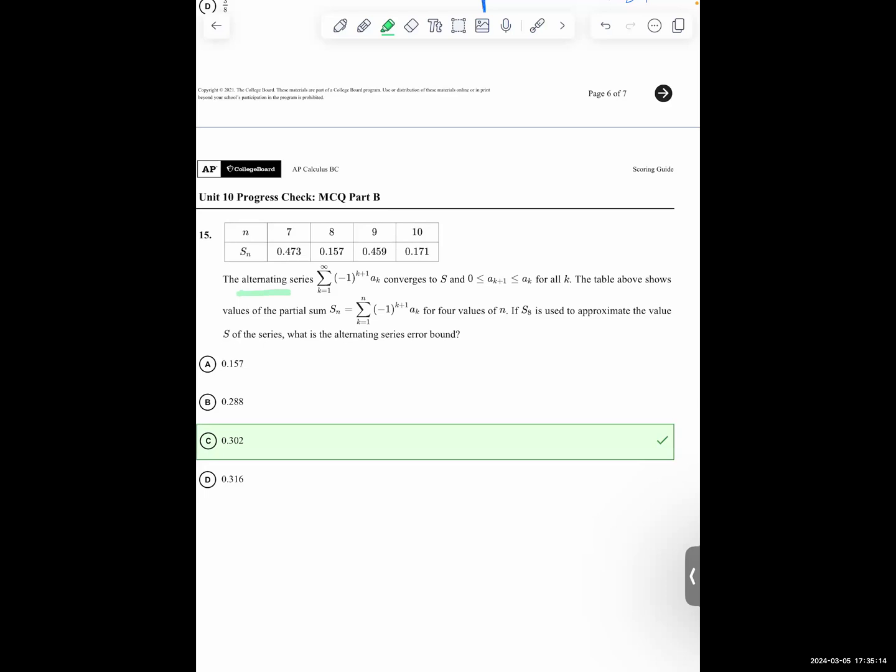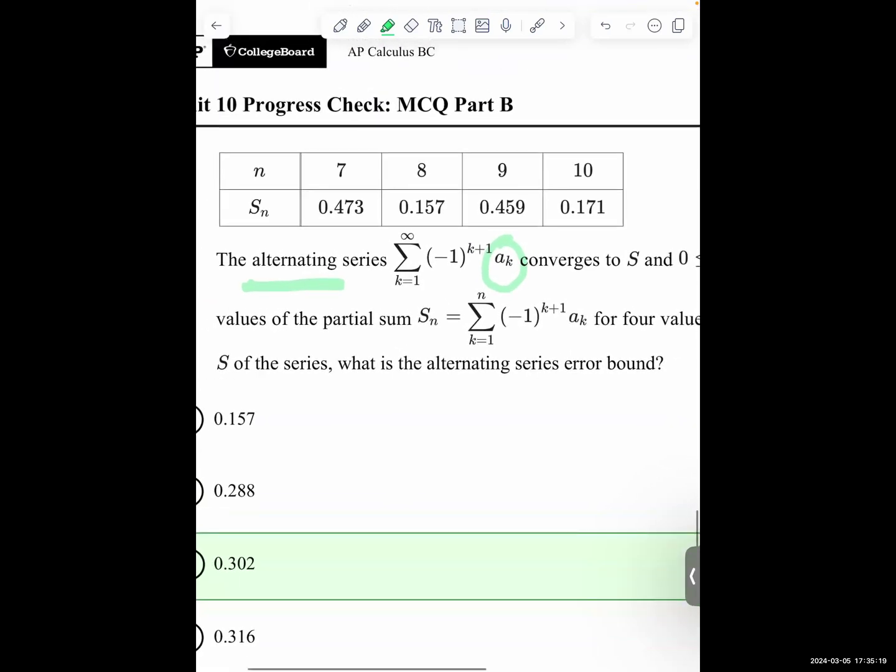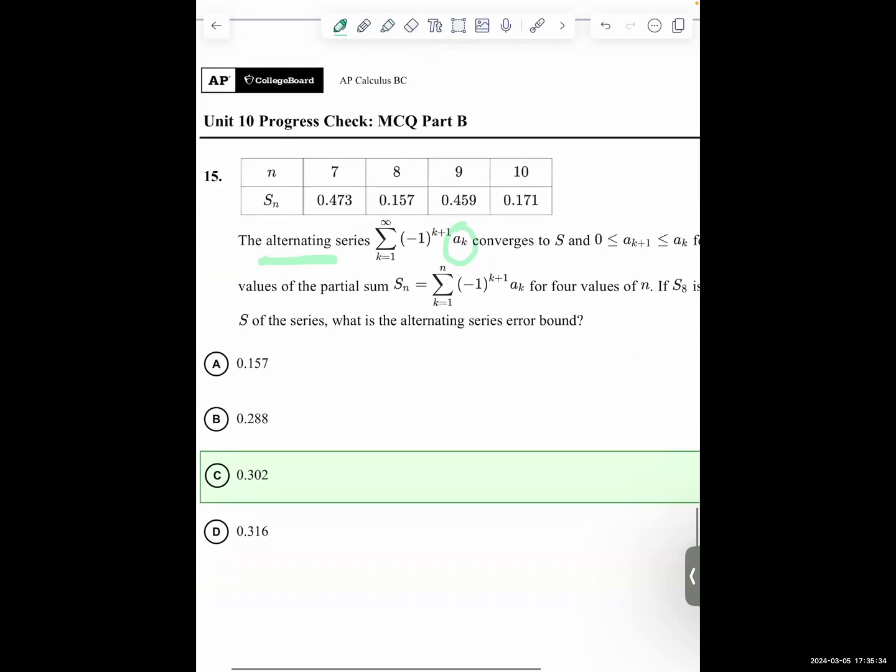For -1 to the k plus 1, and this notation here is just to say that a sub k is like the general term, and that part of it could be anything. For example, like what I did today on the free response, I might have had a sub n is equal to n plus 2 over n factorial and all of this other part to it, but for this particular problem, it doesn't matter what it is. So it's just part of the general term.